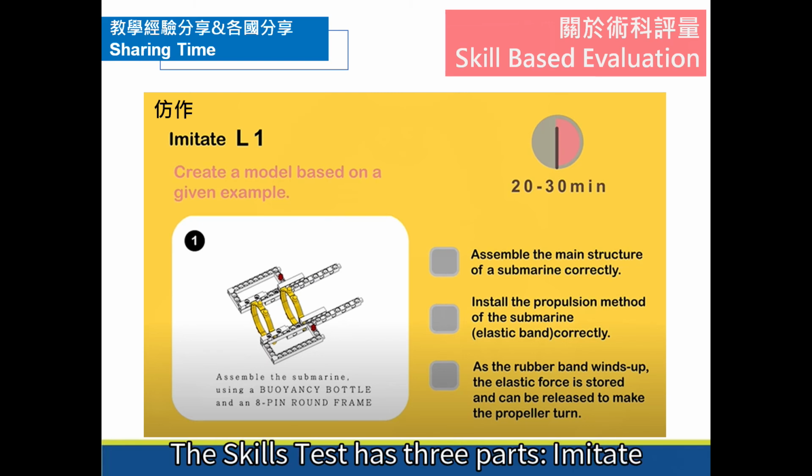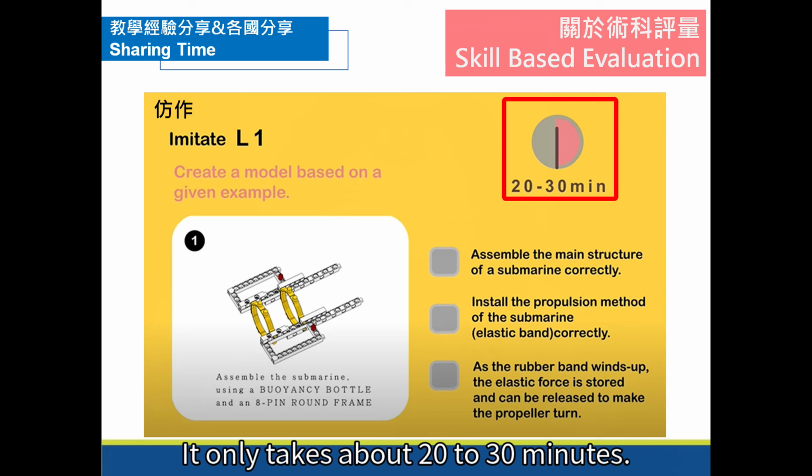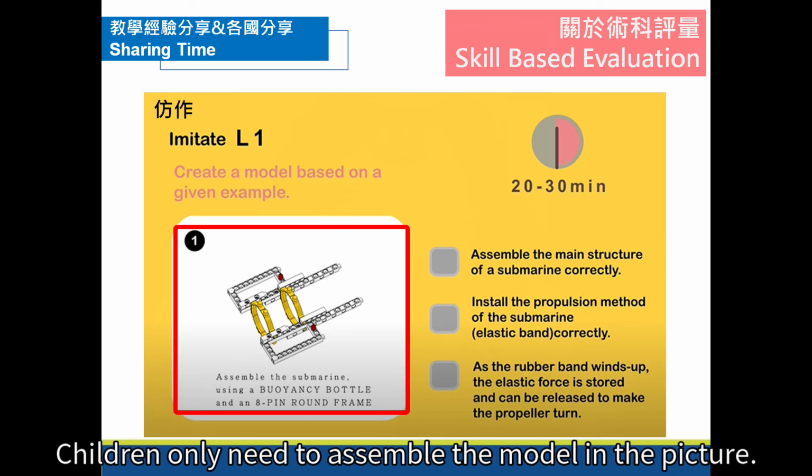The skills test has 3 parts: imitate, follow, and improvise. So the first one is imitation. Imitation is the easiest stage of the skills test. It only takes about 20 to 30 minutes. Children only need to assemble the model in the picture.